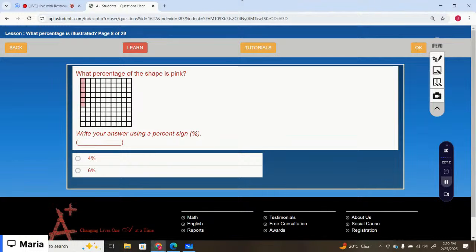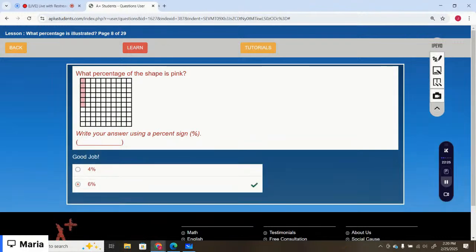What percentage of the shape is pink? That is 6%. Option number two is the correct option.